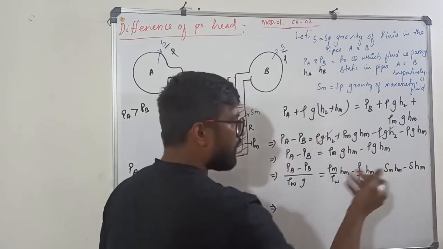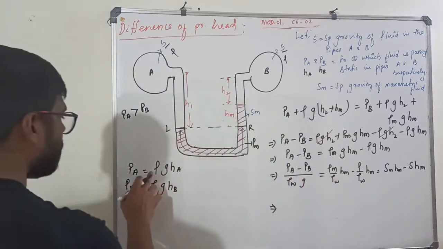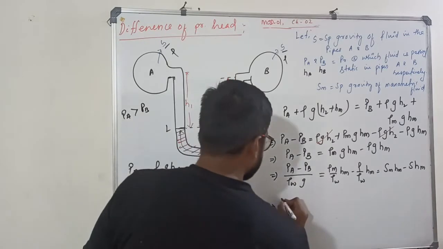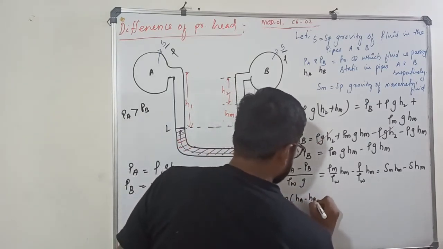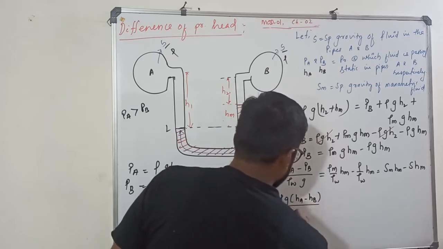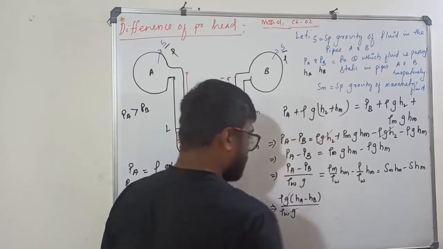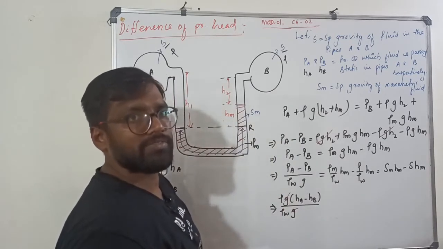So I'll come to that. Now PA minus PB. I already wrote PA equal to rho G HA, PB equal to rho G HB. You put this formula. Rho into G into HA minus HB divided by rho W into G. See, G cancels. Rho by rho W, sir, again S, specific gravity.